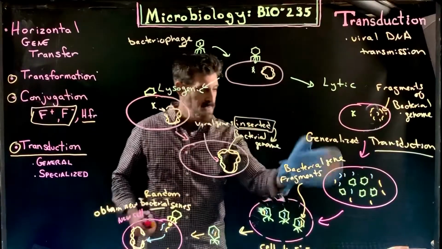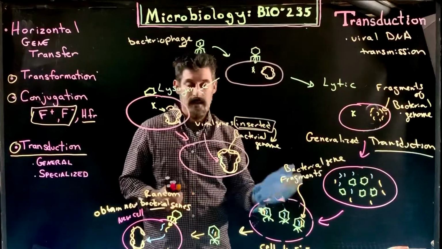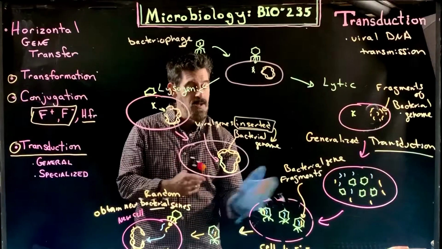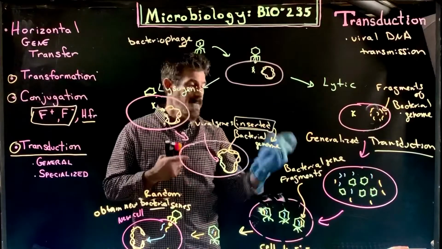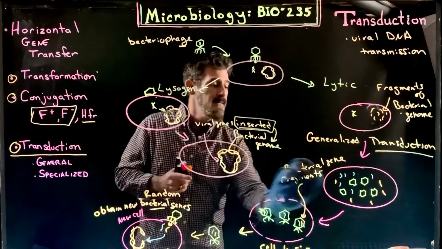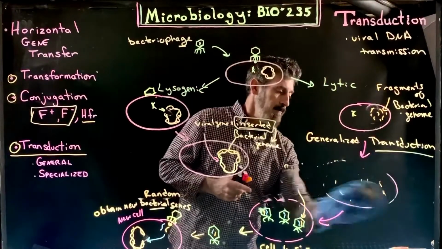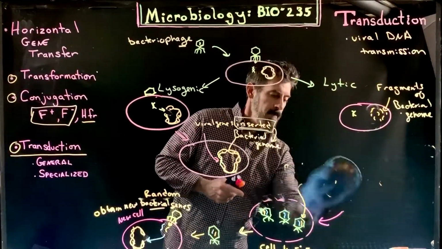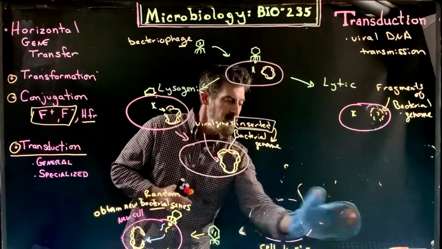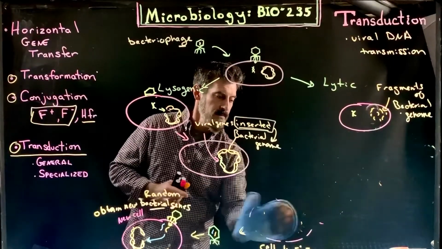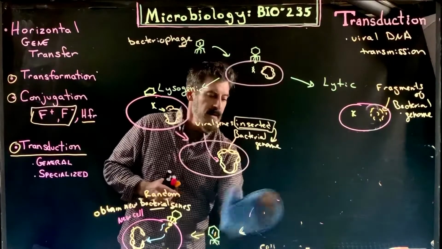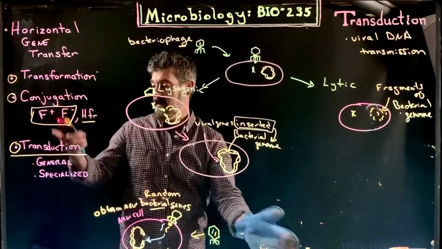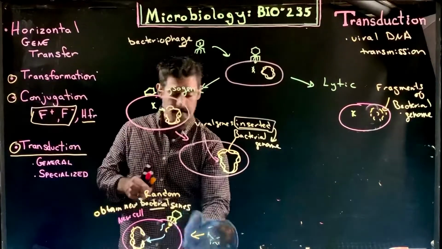So generalized transduction: the cell is infected. The cell pretty much dies quickly, and some of the pieces and particles may or may not get little fragments randomly of the DNA from the bacteria. In the specialized transduction, which is what we're talking about now, that starts off with the viral life cycle that we're going to call lysogenic.